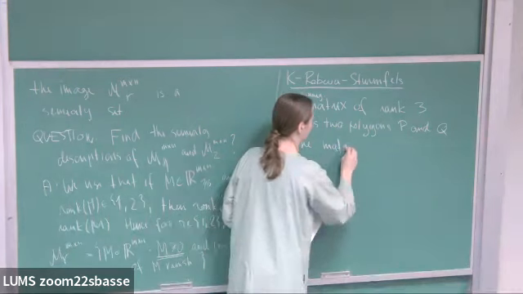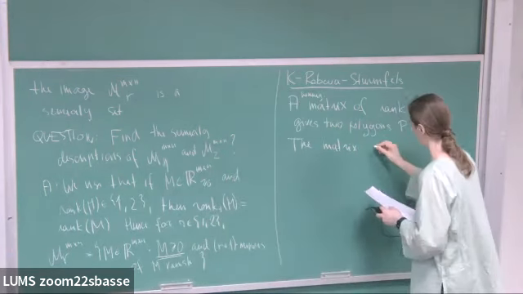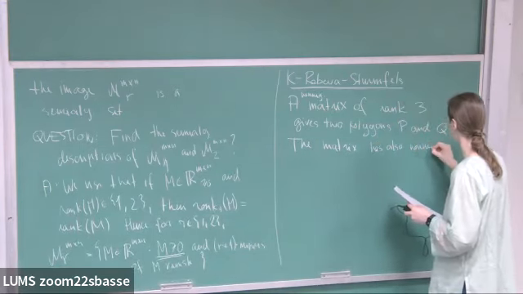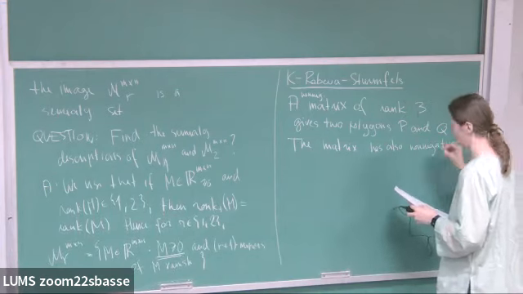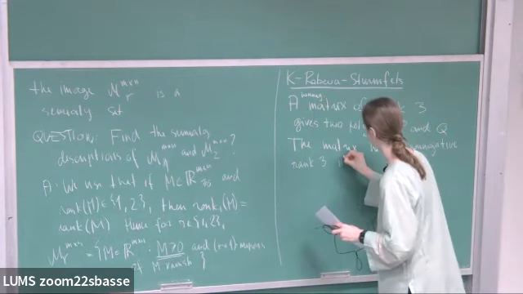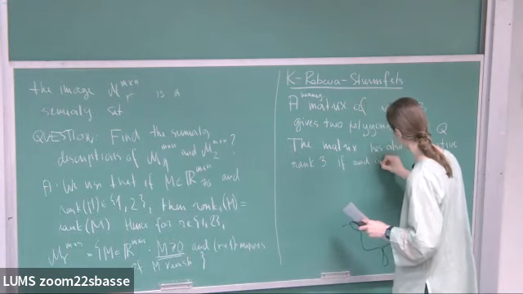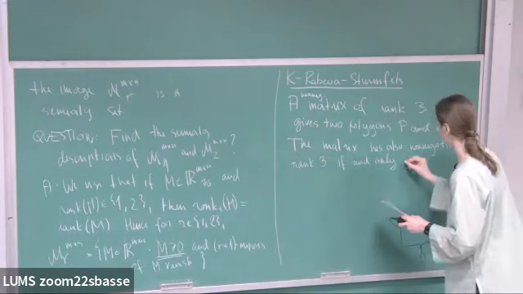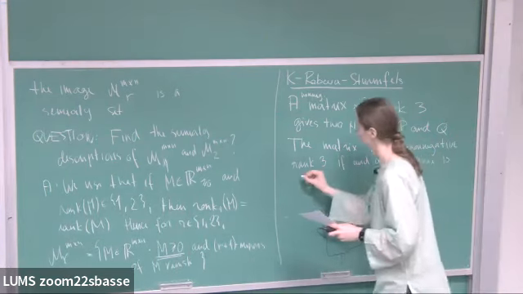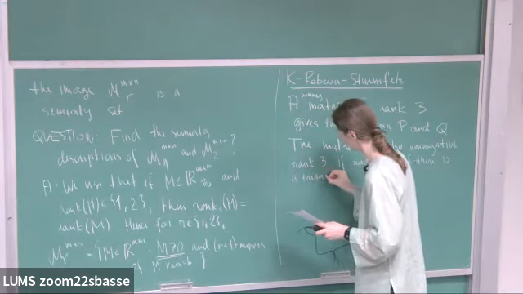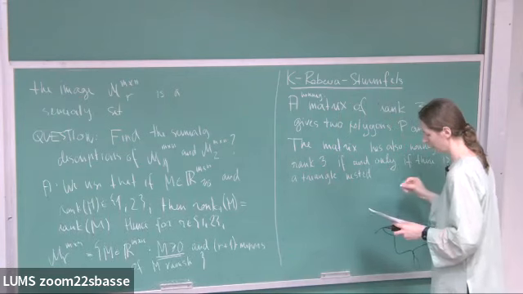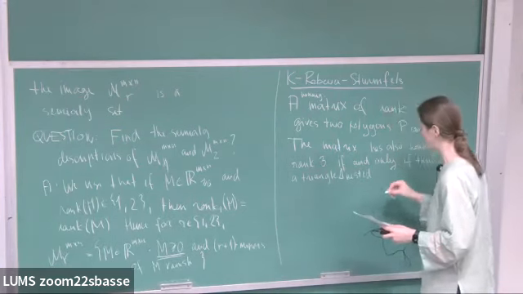The matrix has non-negative rank 3 if and only if there is a triangle delta nested between the two polygons.